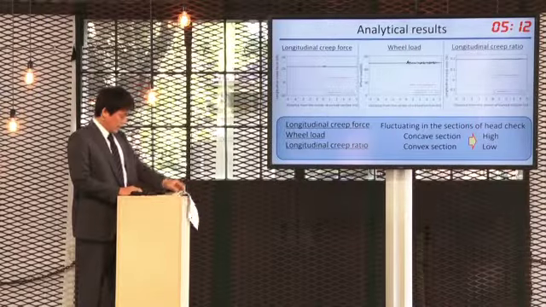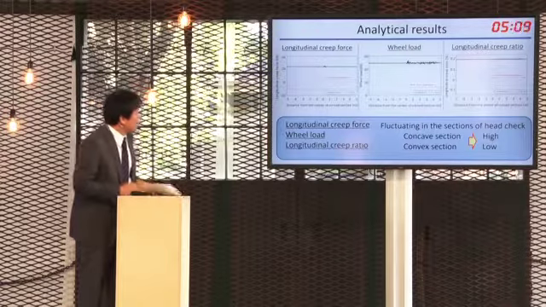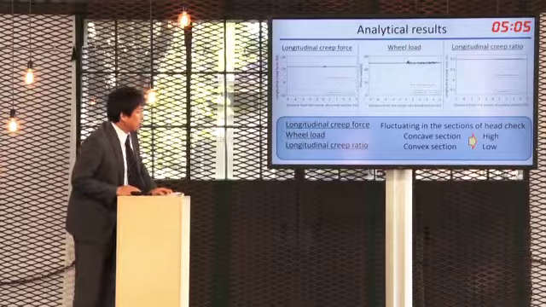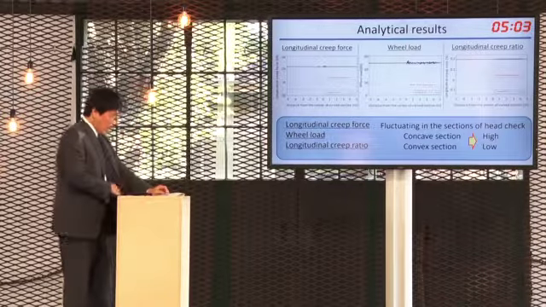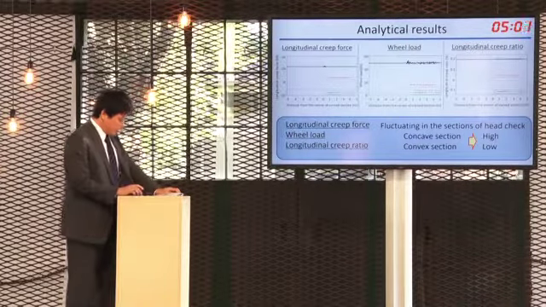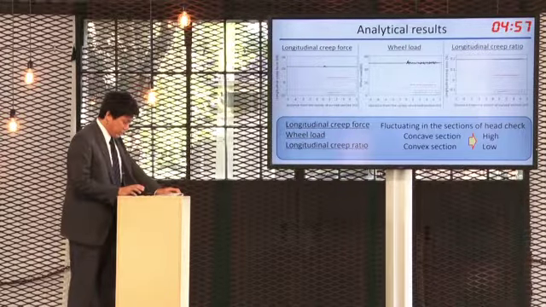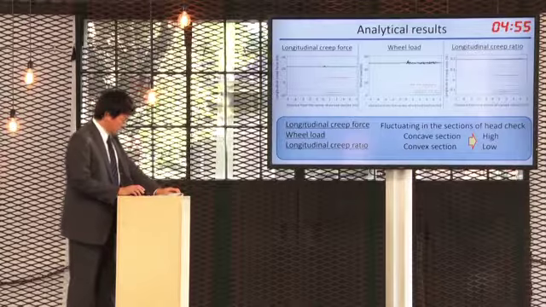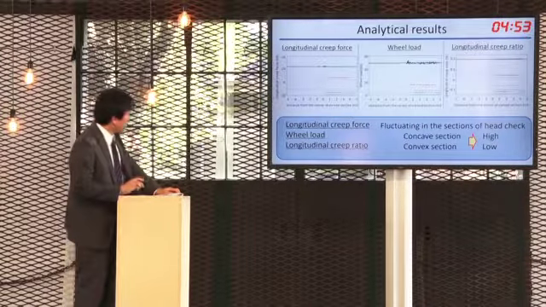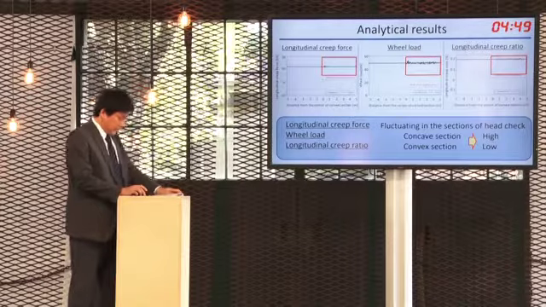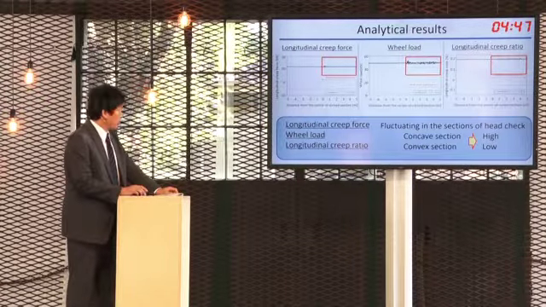Here shows the analytical results of the longitudinal creep force, the wheel load, and the longitudinal creep ratio. According to these results, longitudinal creep force is fluctuating due to the rail surface irregularity as a result of the severe wheel and rail contact conditions.